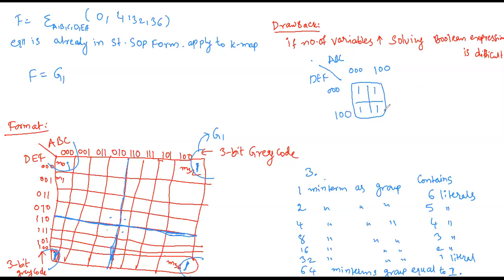Now look along this group. Look for A, whether it is varying or not. A variable is changing from 0 to 1. If it is changing, remove the variable.